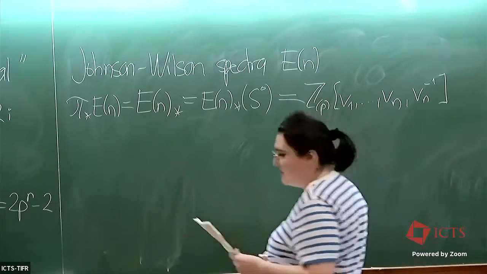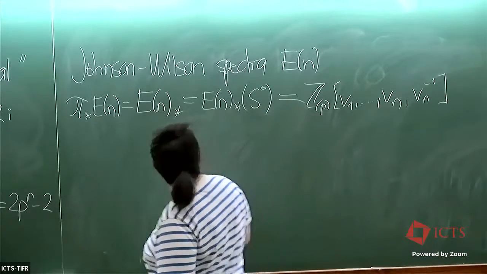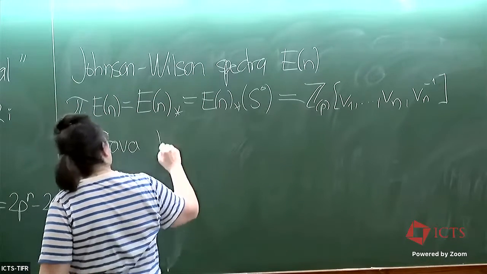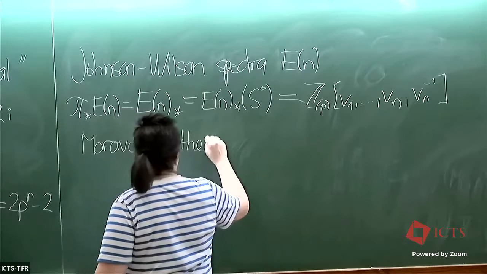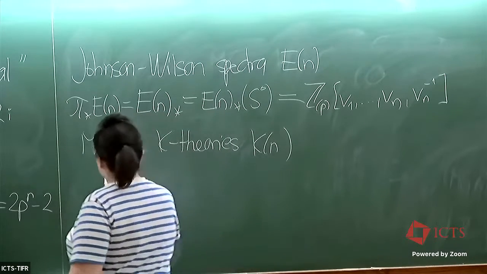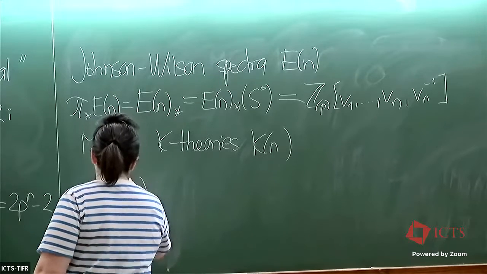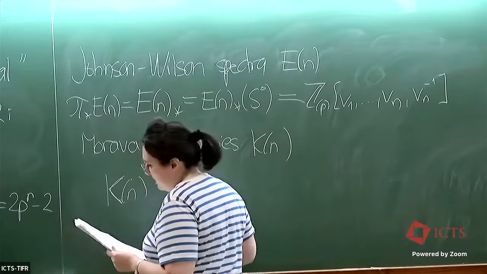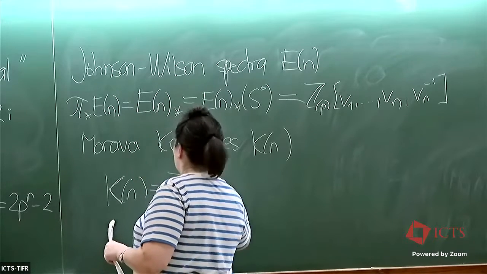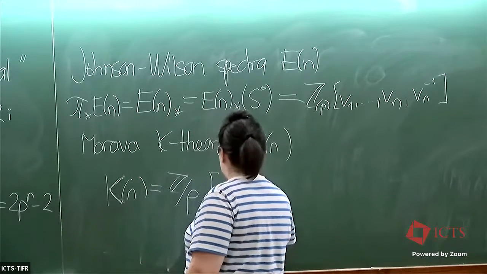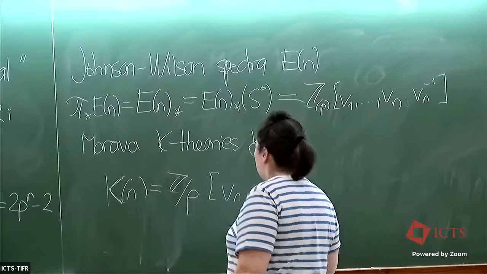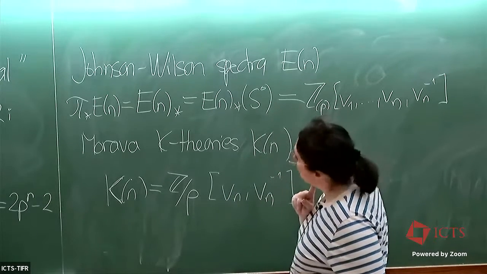Looks random, but it's good. And then you have the Morava K-theories. These coefficient groups are a lot easier, but that is really the naughty one. That's the one that behaves like completion. This Laurent ring in that p.